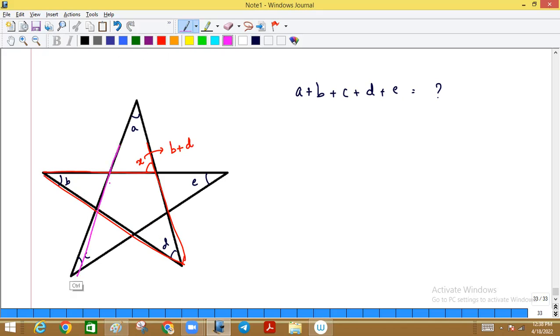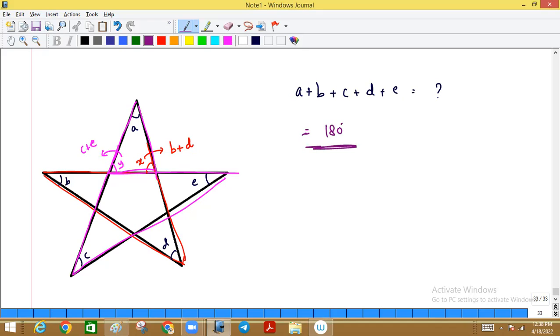This becomes the sum of the opposite interior angles. If I take it as Y, this becomes C plus E. So in the triangle, what are the 3 angles? One is A, another angle is B plus D, another angle is C plus E. So what is the sum? Sum is 180. You understand the point?